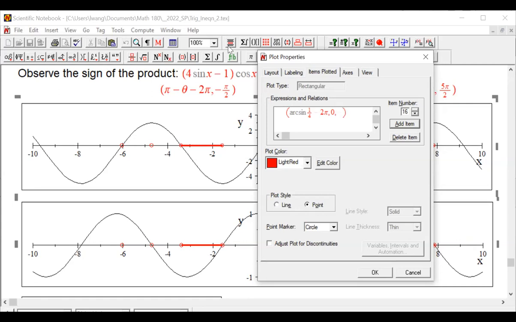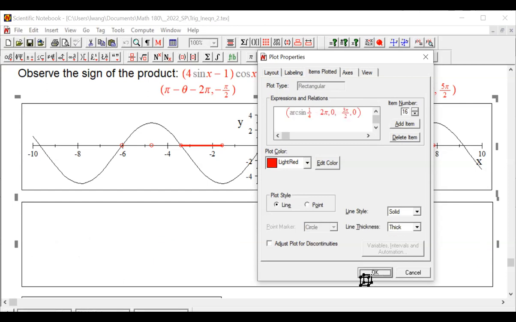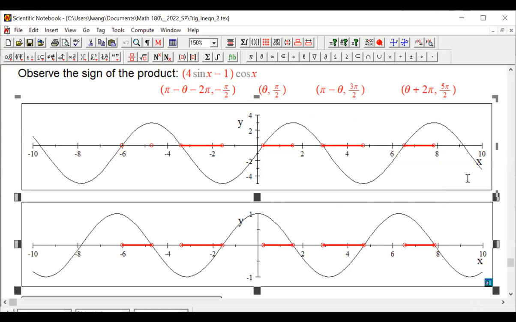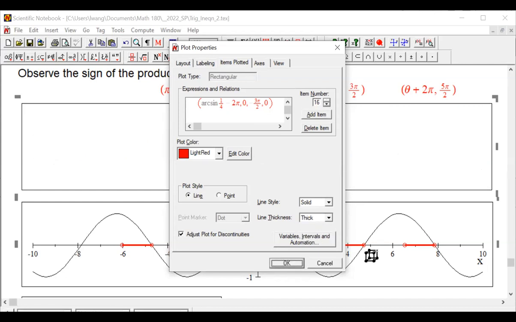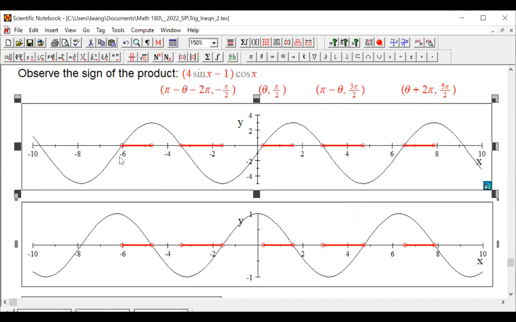Negative 3 pi over 2, comma 0, line thick. Right there, you see that solution on the same piece. On the same piece. Yeah, so positive times positive.